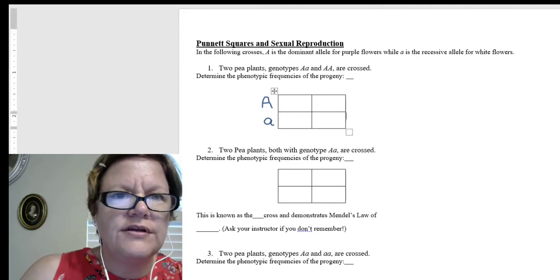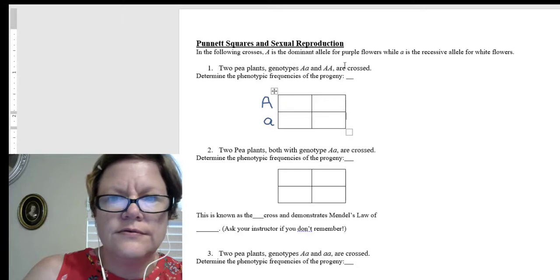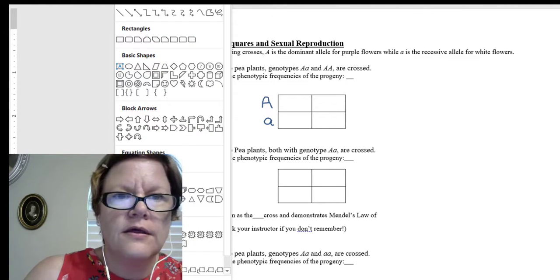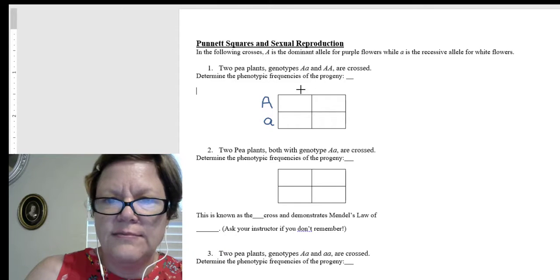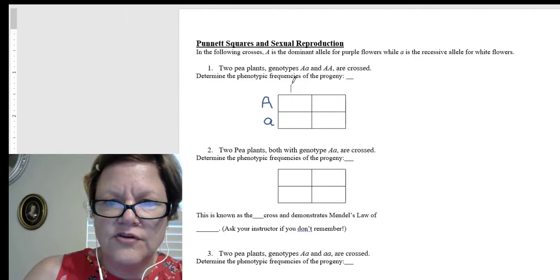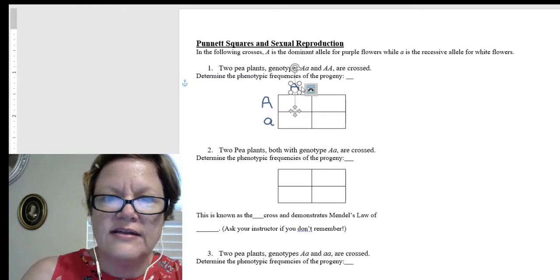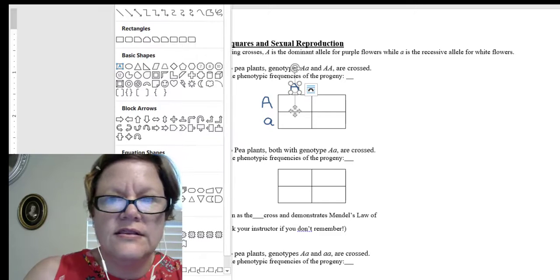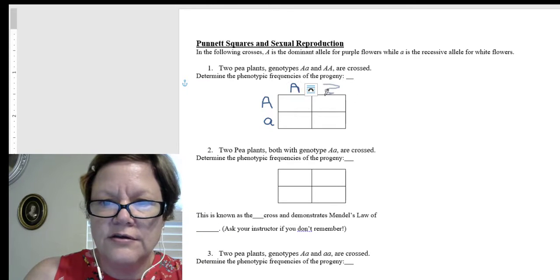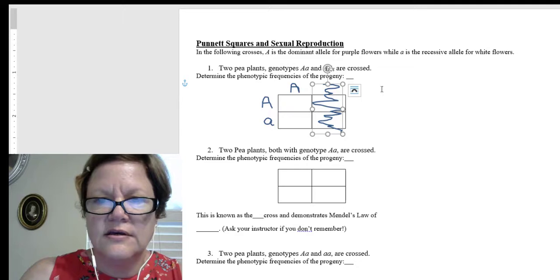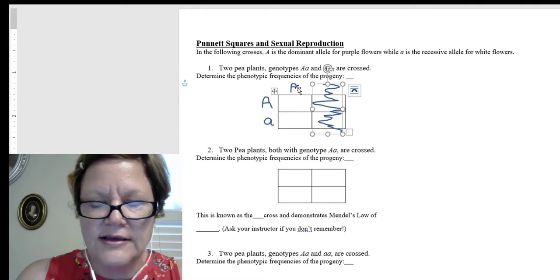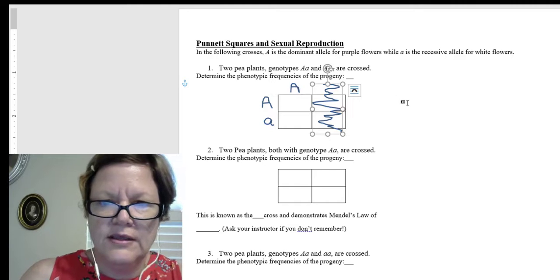For the other individual, let's do it this way. For the big A parent, all of the gametes, I'm going to try to do it in one motion there, would carry the big A allele. So really, you don't even need this second column over here, because all of the gametes from the second parent would be the big A allele genotype.